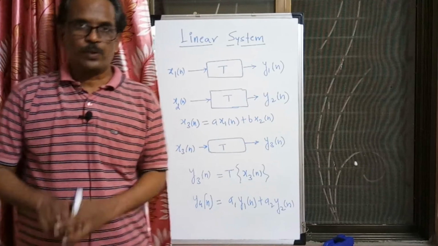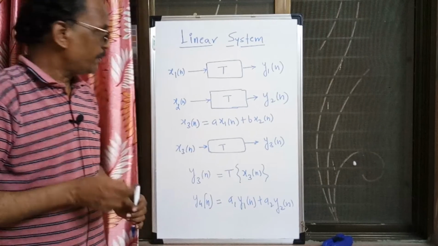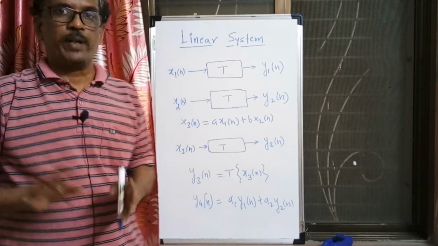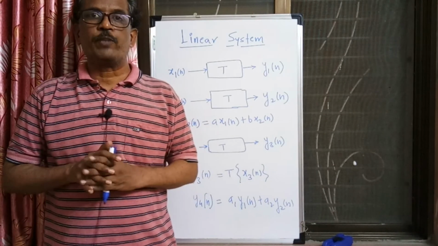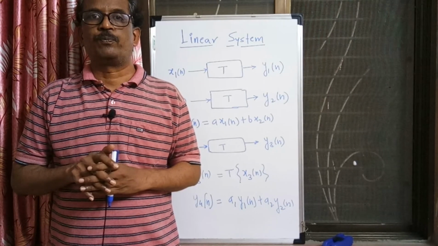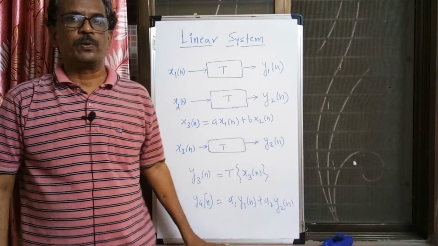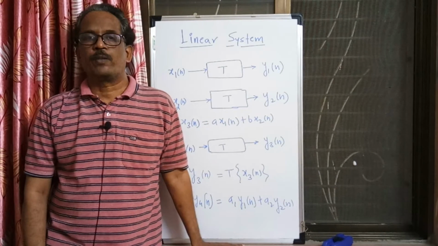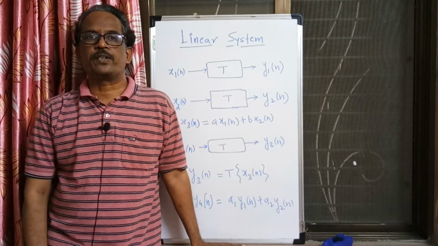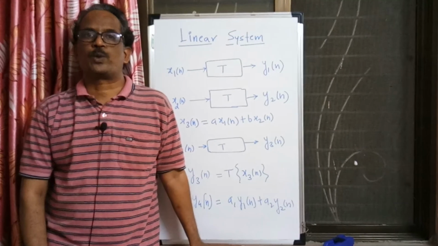This can also be explained in a better fashion by another block diagram. Right now what I said is that a system which follows the superposition principle is linear. In other words, if you want to show it is linear, find the response of the system to two distinct inputs, x1[n] and x2[n].